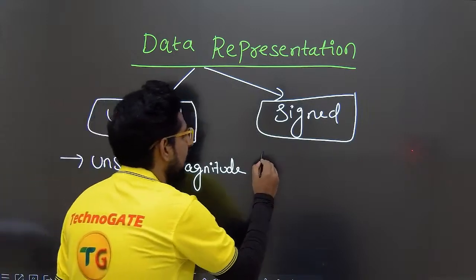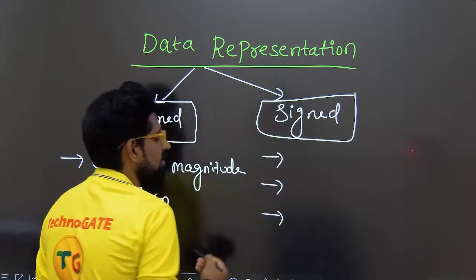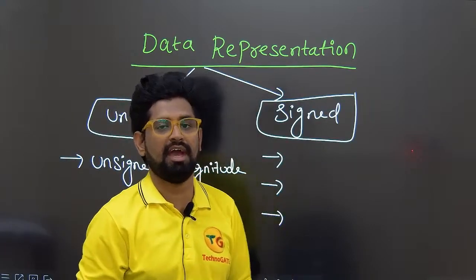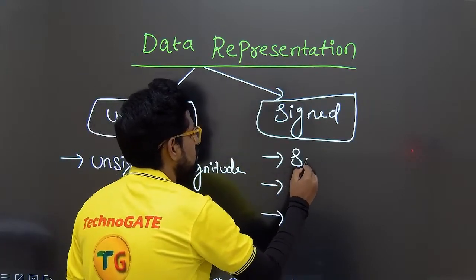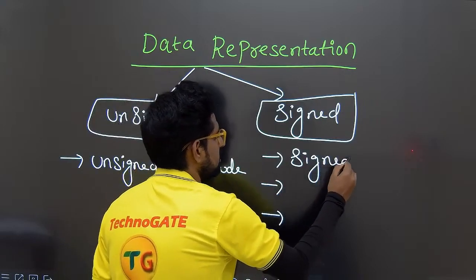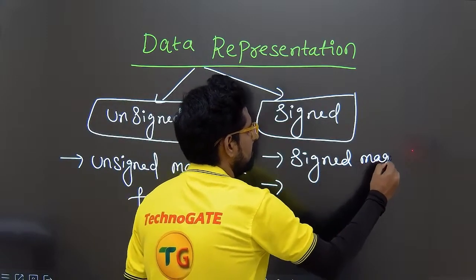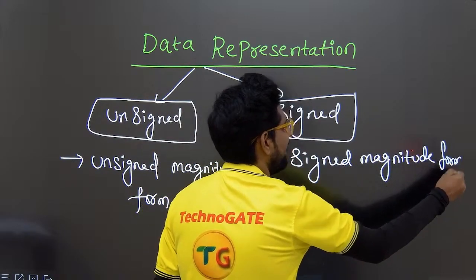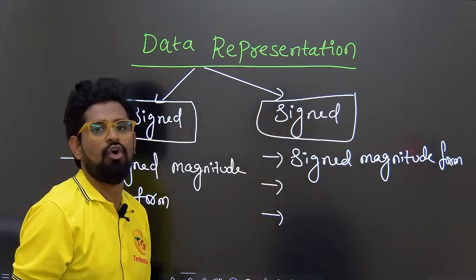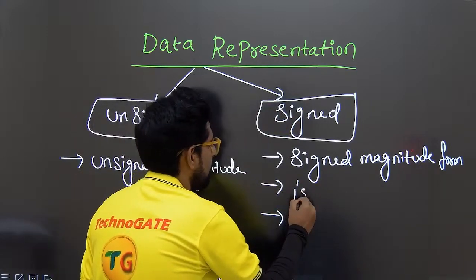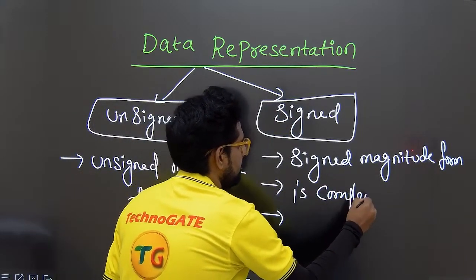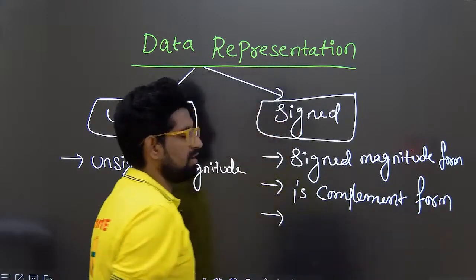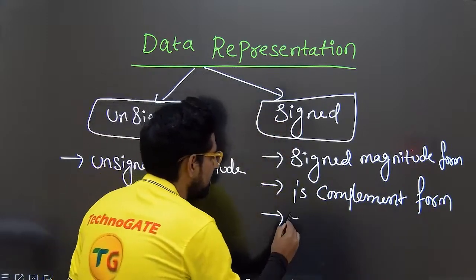Coming to signed data representation, we have three types. The first type is signed magnitude form, the second type is ones complement form, and the next one is twos complement form.